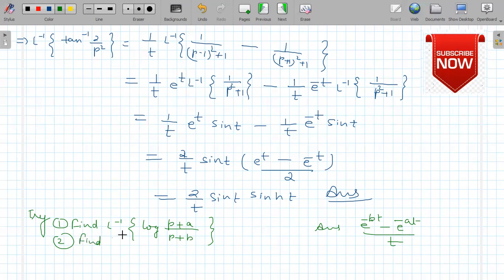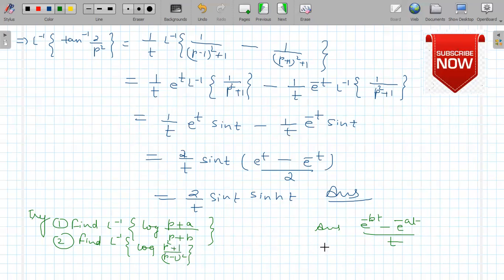Find Laplace inverse of log of (p square plus 1) over (p minus 1) whole square. Log of p square plus 1 over p minus 1 whole square.